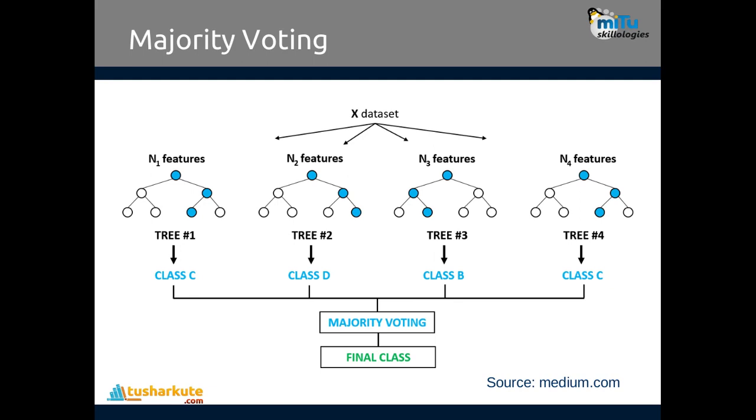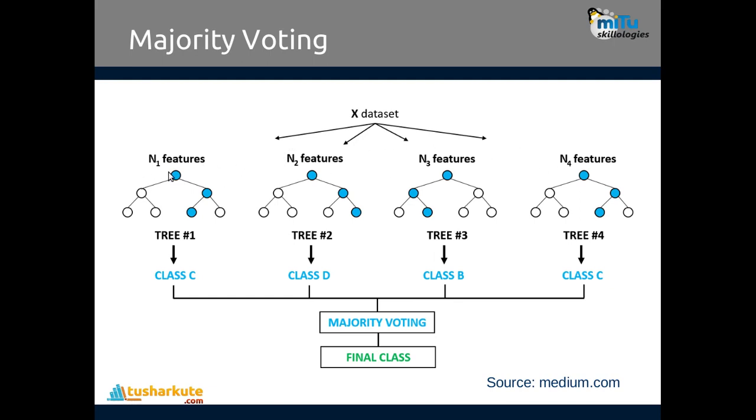Maybe their structures are different, though they are shown the same. Once the trees are formed, when a new entry comes for prediction, what will happen? That entry will be passed to every tree for prediction.